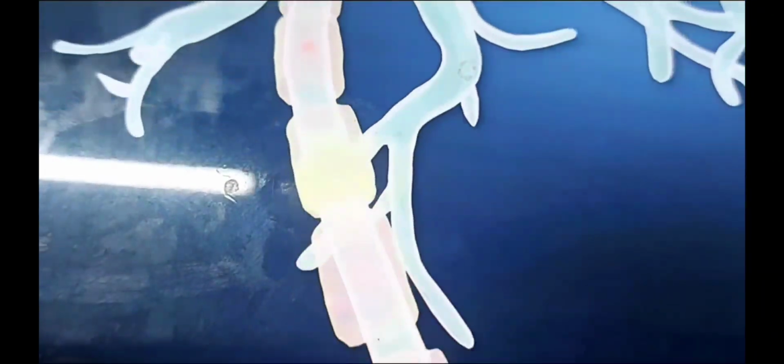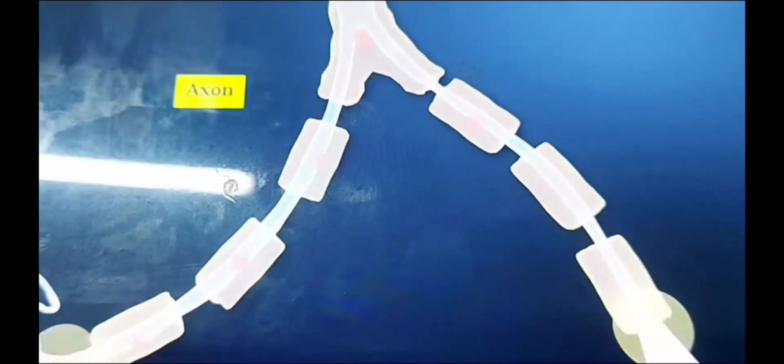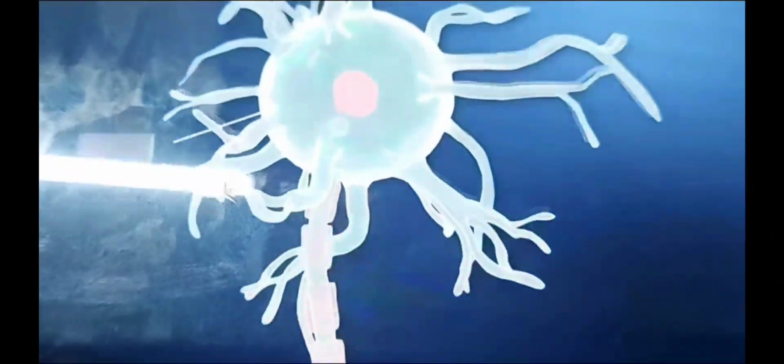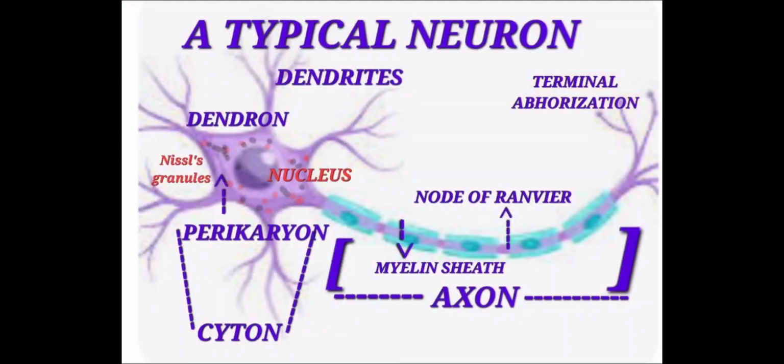The signal is taken by the dendrites, gets transmitted through the axon, reaches a neurotransmitter at the end, and then jumps over to the next neuron.